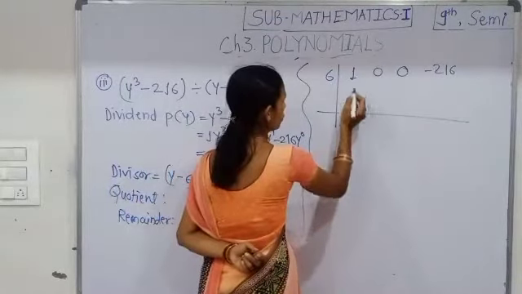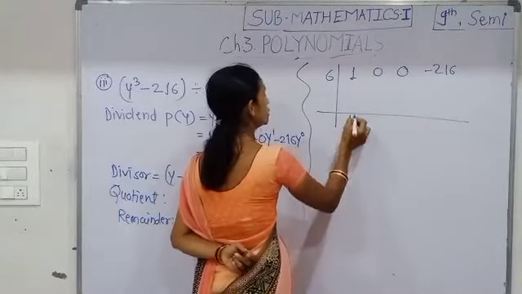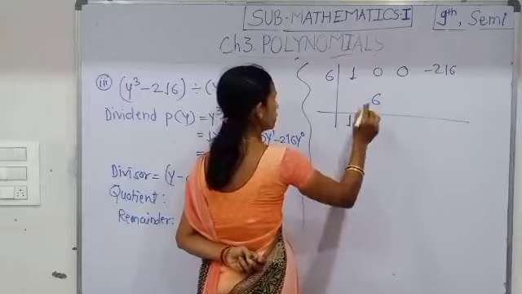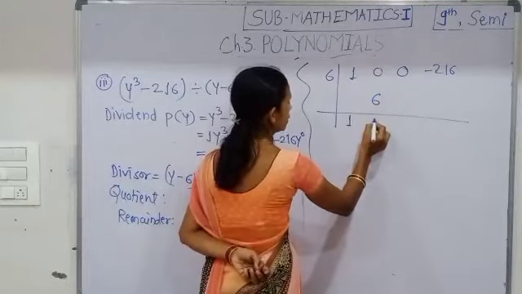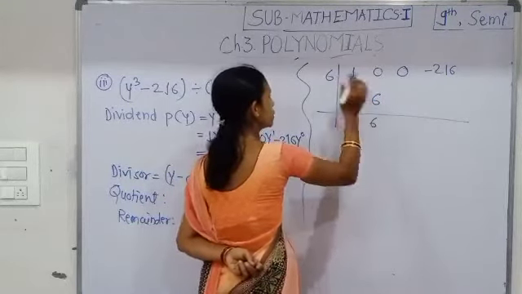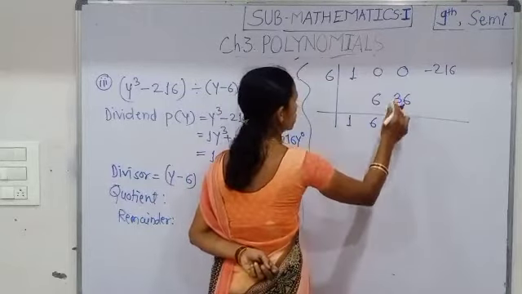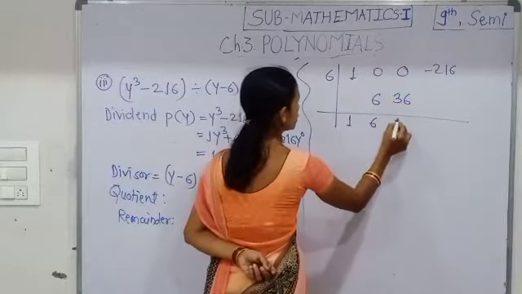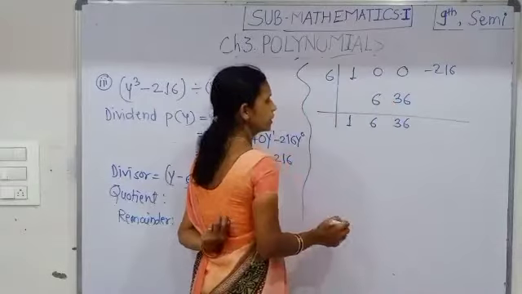First of all we write 1, then 1 is multiplied by 6, therefore we get here 6. 0 plus 6 is 6, 6 into 6 is 36, therefore 0 plus 36, here we get 36.